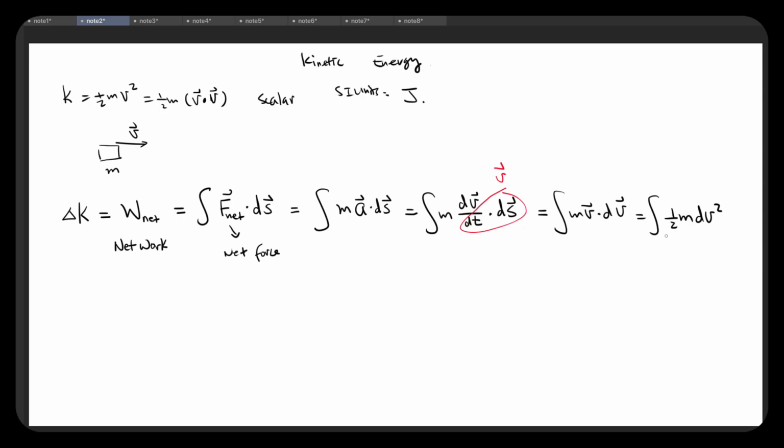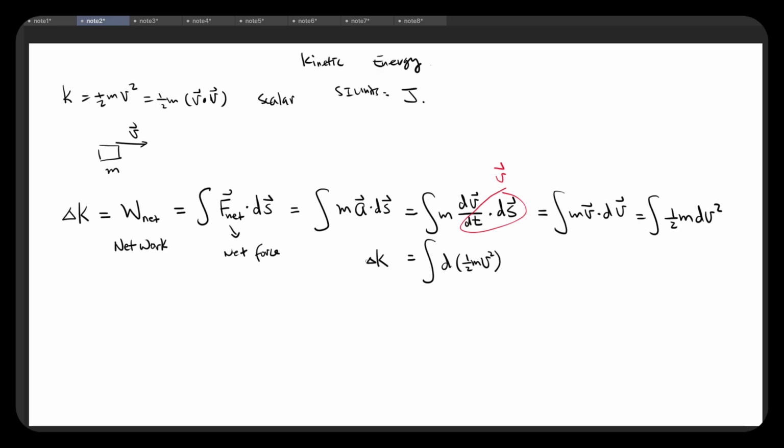If you think about derivatives, if you take a derivative of v squared, you get 2v dv, right? And then of course you can combine this 1/2 m with v squared. So we have the whole thing here, 1/2 m v squared, equals delta K.